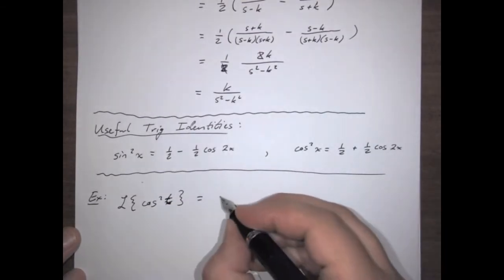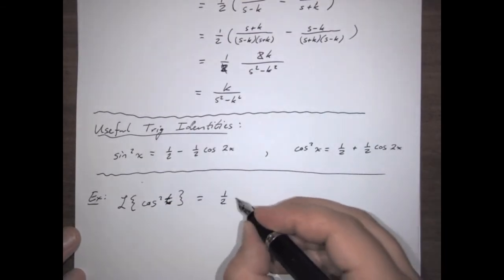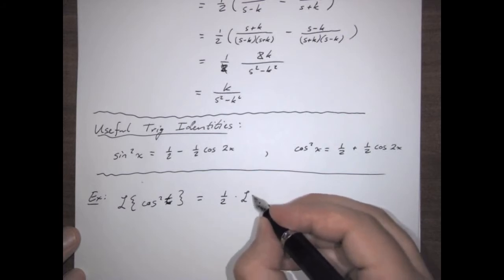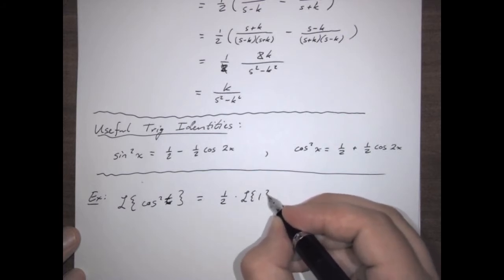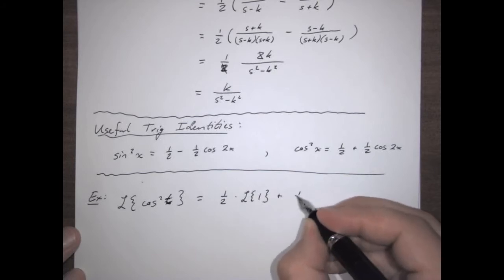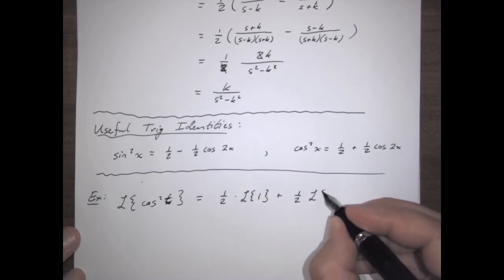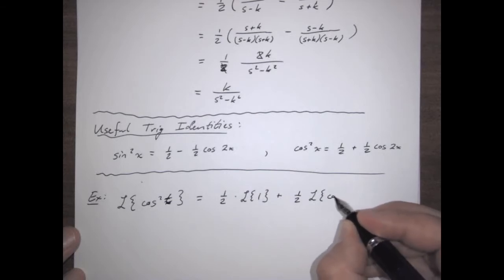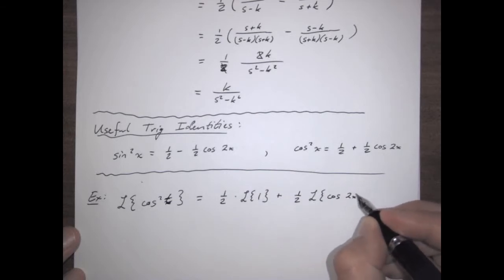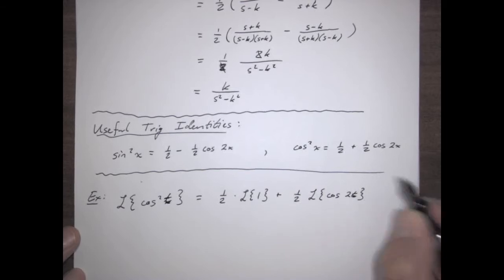Well, that's going to be 1/2 times the Laplace transform of just 1 plus 1/2 times the Laplace transform of cosine 2t.